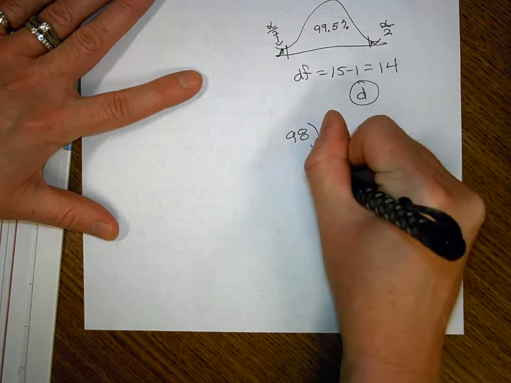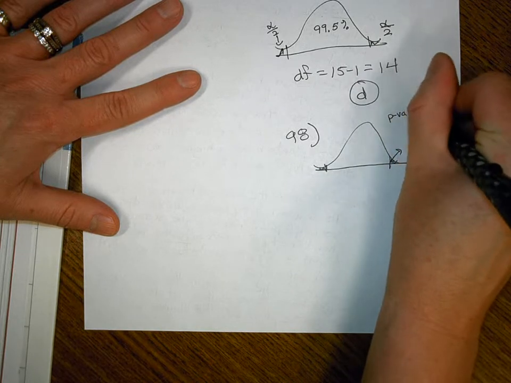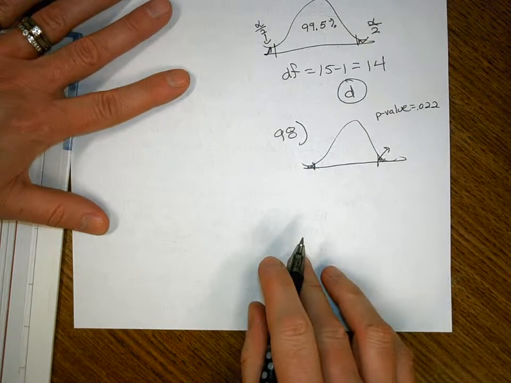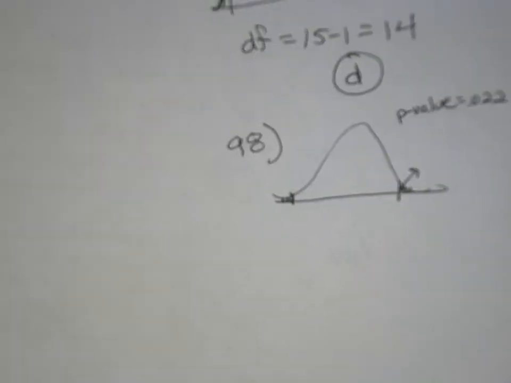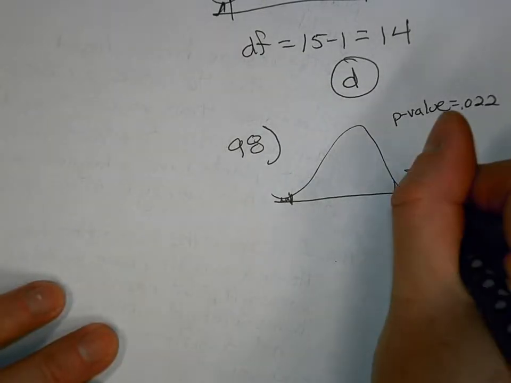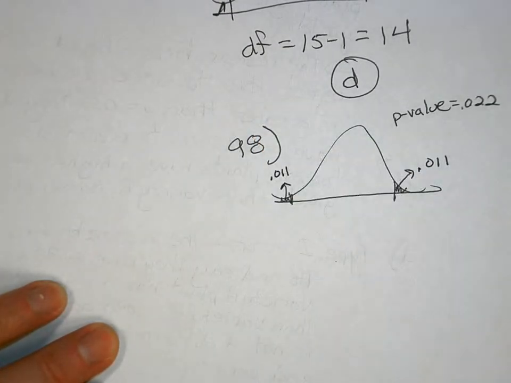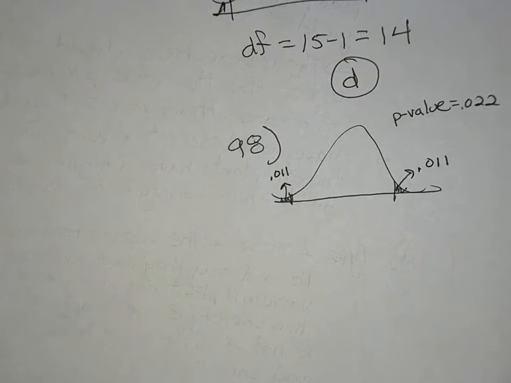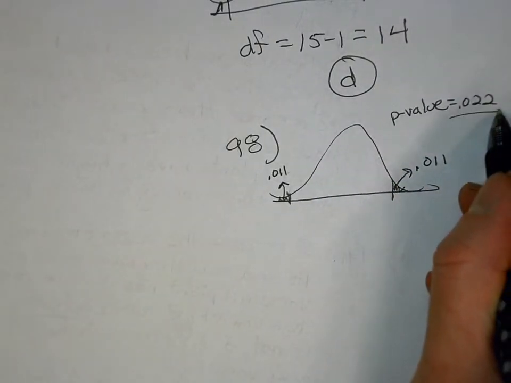If the p-value was 0.022, you divide that amount by 2 for either tail of the confidence interval. So 0.022 divided by 2, this little end is 0.011 and this little end is 0.011. So the confidence interval would be 97.8 if we use this p-value of 0.022.